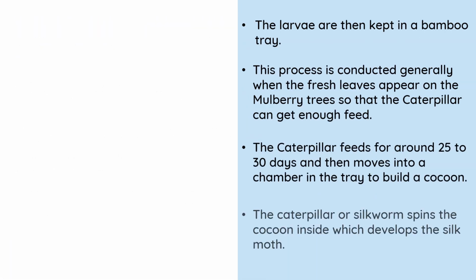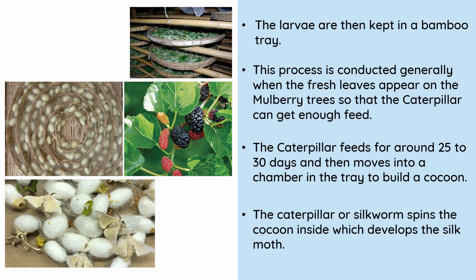After hatching from the egg, the larvae are kept in a bamboo tray. These are the larvae, which we can also call silkworms or caterpillars. Here you can see the white larvae kept in a tray made of bamboo.